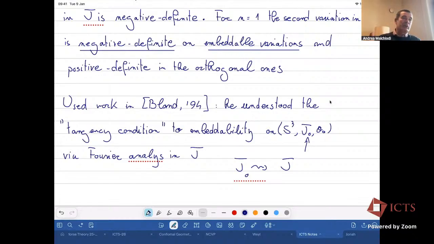We did an expansion of the Einstein-Hilbert action and verified that, surprisingly, those Fourier modes that give you embeddability also give you a nice second variation, negative in the variation of J. Otherwise, in the orthogonal variations, the sign is different.